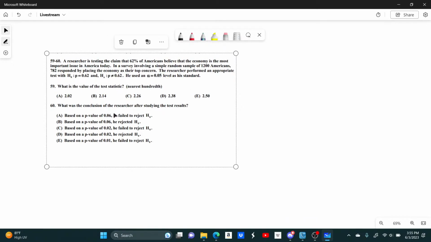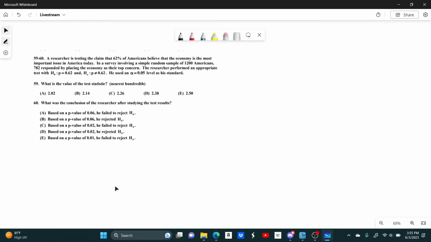All right, a researcher is testing the claim that 62% of Americans believe that the economy is the most important issue in America today. In a survey involving a simple random sample of 1,200 Americans, 782 responded by placing the economy as their top concern.